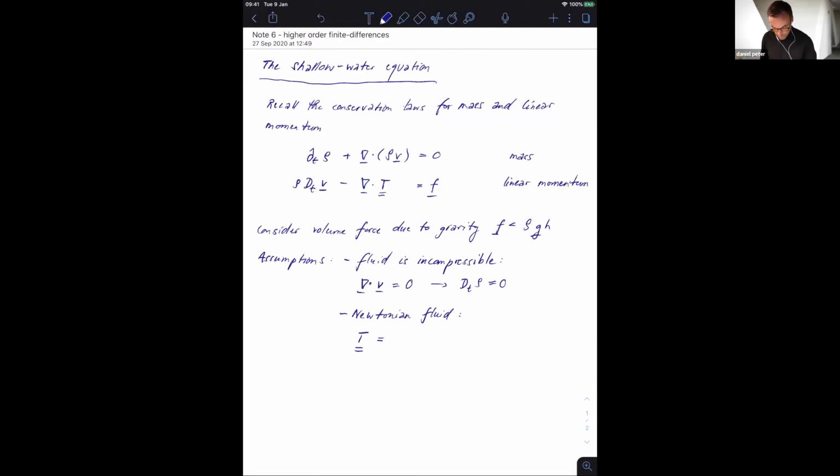So the hydrostatic stress we can write as P is the pressure and I is the unit tensor, because it acts in all directions isotropically. And plus this fluid stress, which we denote as TF.